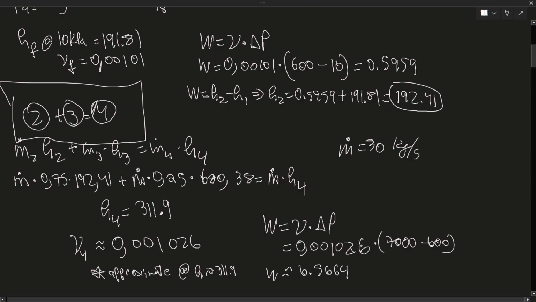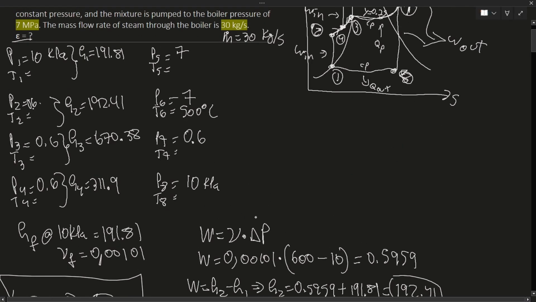Had we chosen any smaller value, it's barely going to make a difference, so it doesn't matter. Next, we know that work is equal to H5 minus H4. So H5 is equal to 6.5664 plus H4, which we found to be 311.9, giving us an H5 of about 318.47. That's it. Super easy.